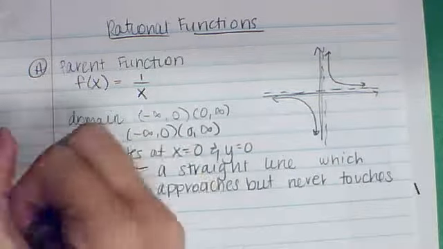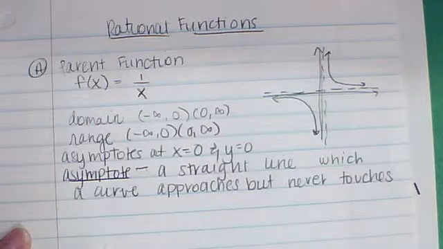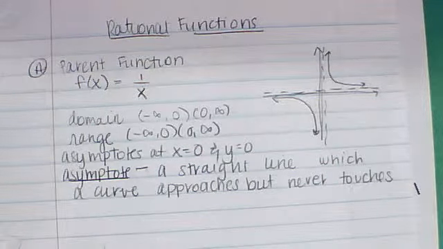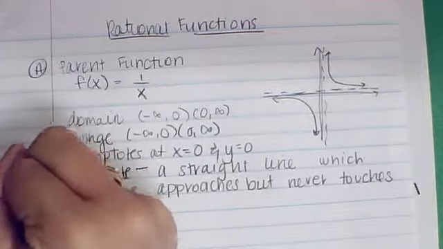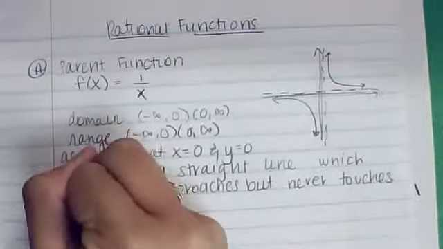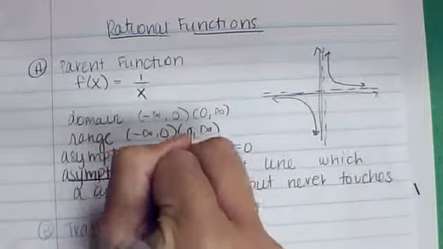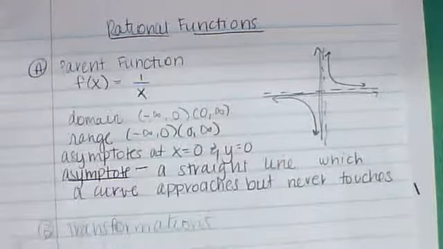Okay? Part B for today was about transformations. And I'm sorry, I'm really having pencil problems. We'll try a pen. Okay, part B, transformations. You'll need to remember your rules from earlier in the year when we learned about transformations of any function.